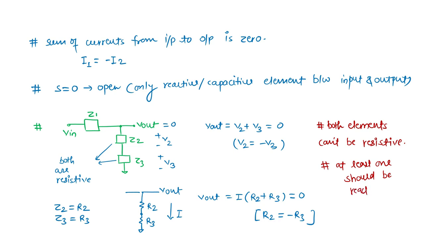So for the reactive, I am using the capacitance here. Okay. So this is my Z2, this is my Z3, and here I am taking this output, and this is a circuit of the input side.